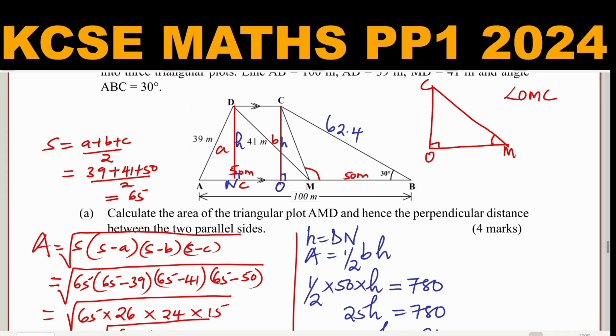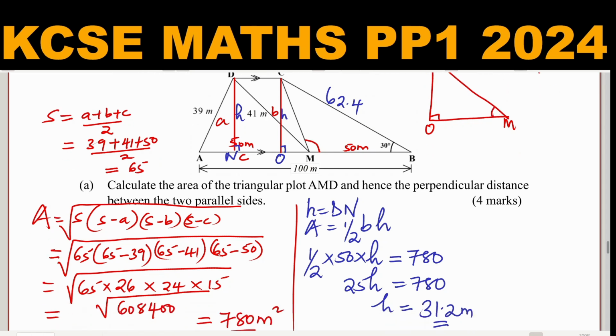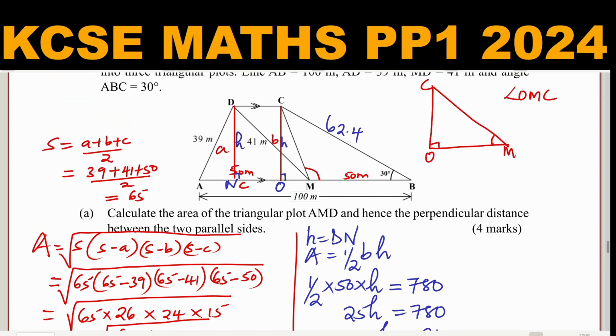Let me begin by getting this angle here, OMC. What am I going to use? Trig ratios. I have the height, I have CM. Remember the height, we got the height as 31.2.